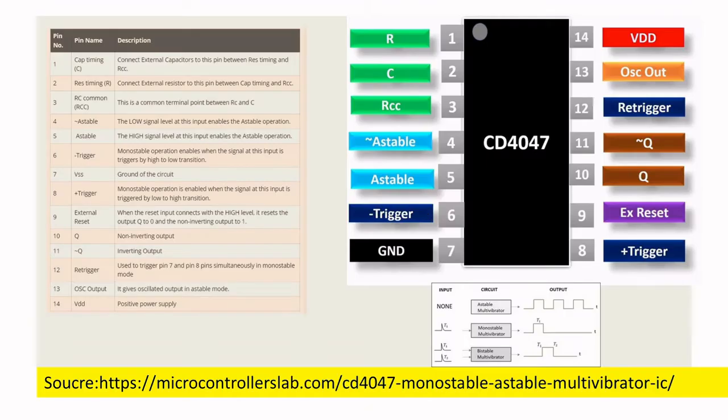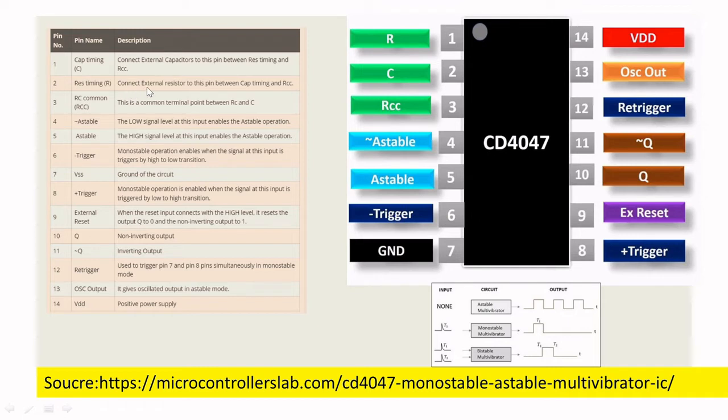Another thing is this IC, the CD4047, which is very important. Here the highlighted pins are the RCC pins, the astable multivibrator, and Q bar. These pins are applied with 12 volts; this will work with 12 volts.